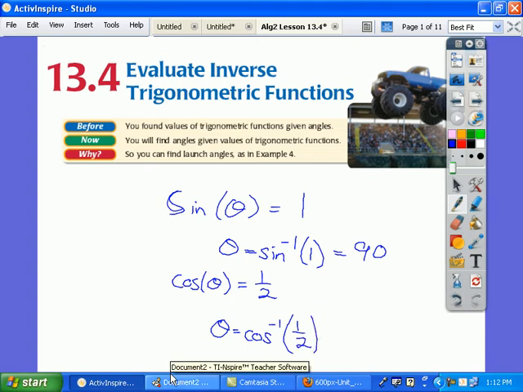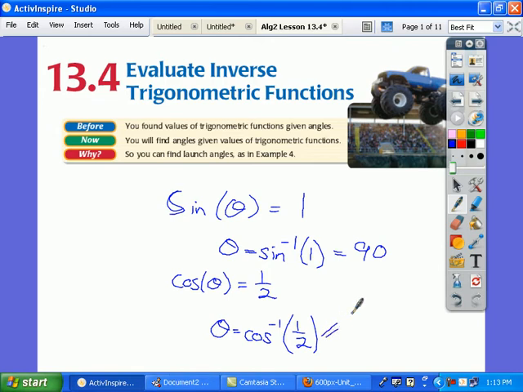So I'm going to go around the unit circle. If you're watching the video, jump back to the unit circle, and I'm going to look for an x value that's 1/2. And I see that happens at 60, and it also happens at 300.